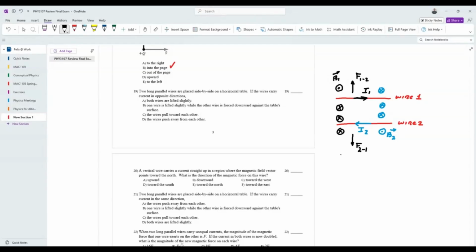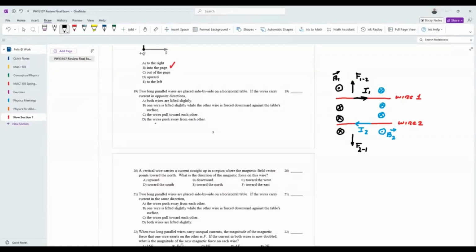So now it's clear that as these 2 wires are just placed side by side on a horizontal table, the forces just try to push them away from each other.